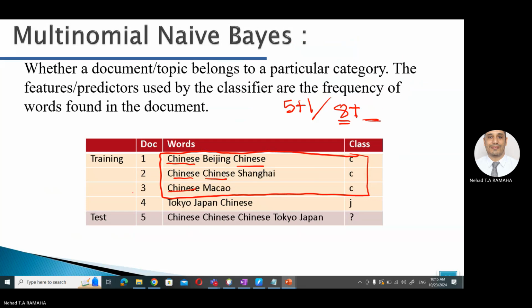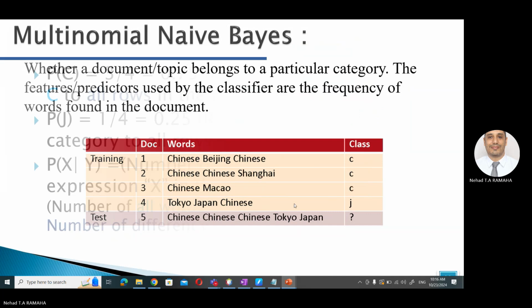Here, 1, 2, China, Beijing, Shanghai, and Macau, but not for category, not for the category.